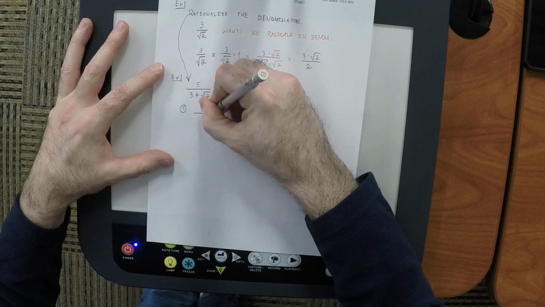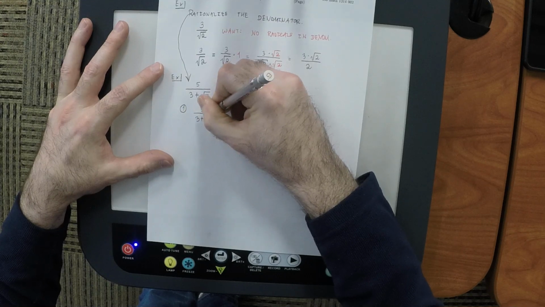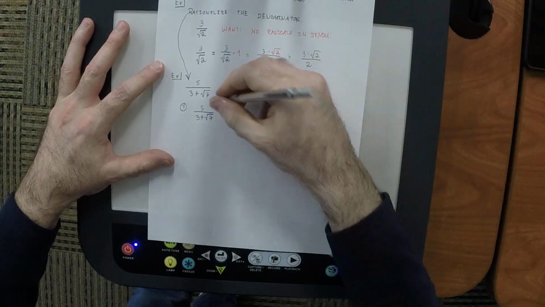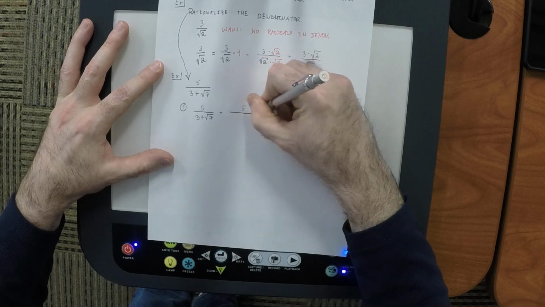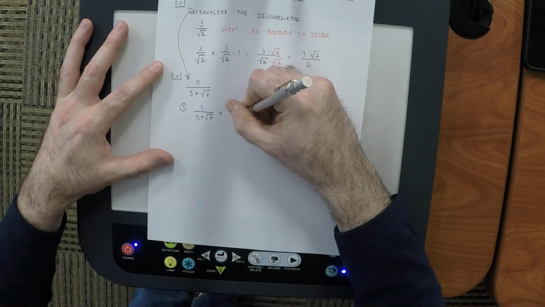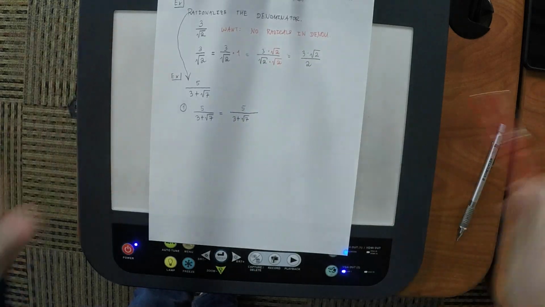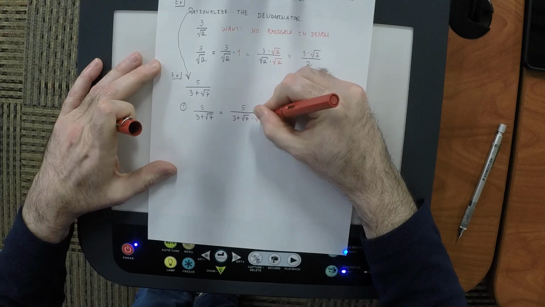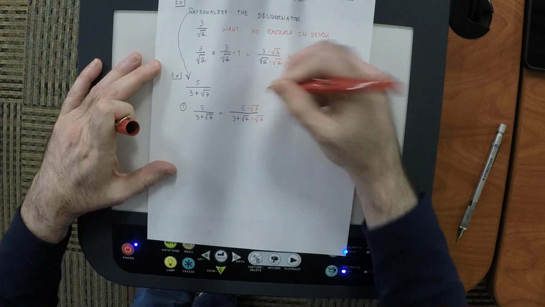So take the thing, and then I look at that and think, oh, okay, I get it. I just need to do something like that, and so this is 5 over 3 plus the square root of 7, and then multiplied by the square root of 7 there, and multiplied by the square root of 7 there.